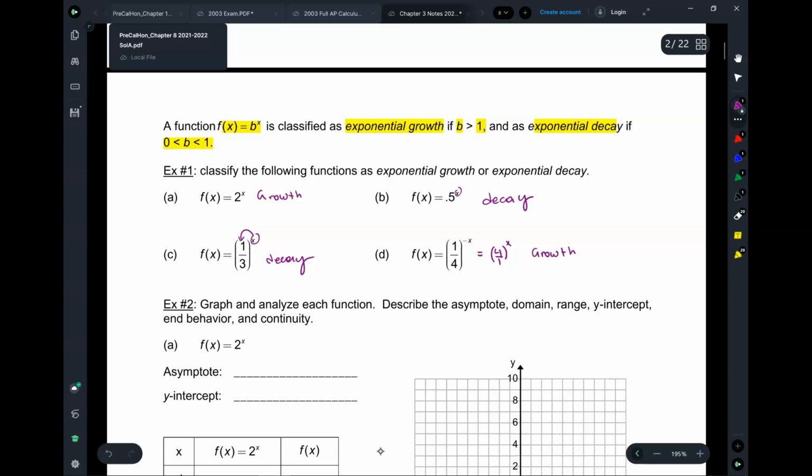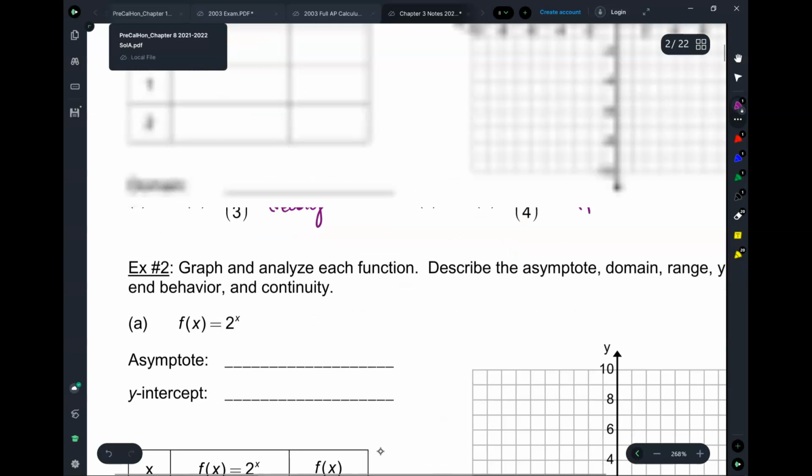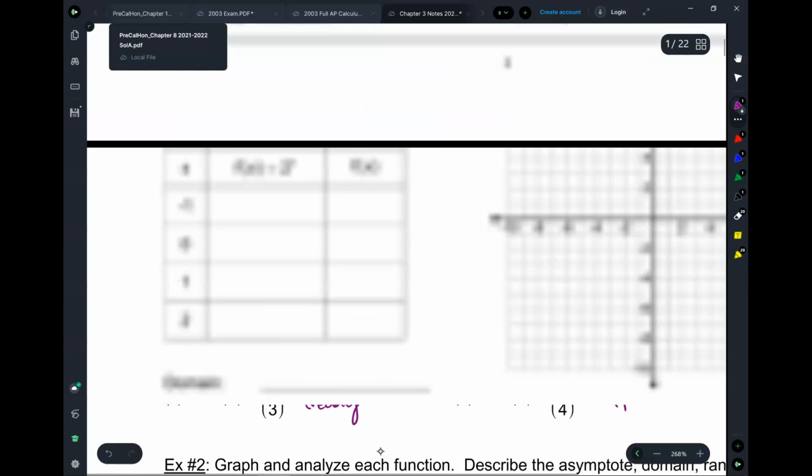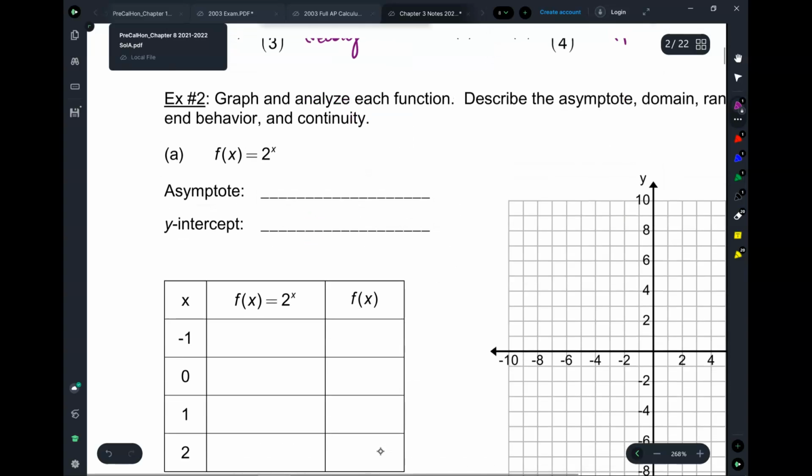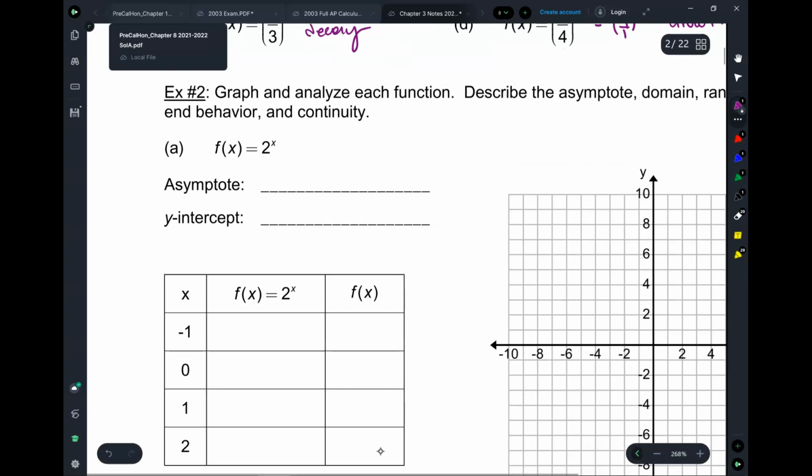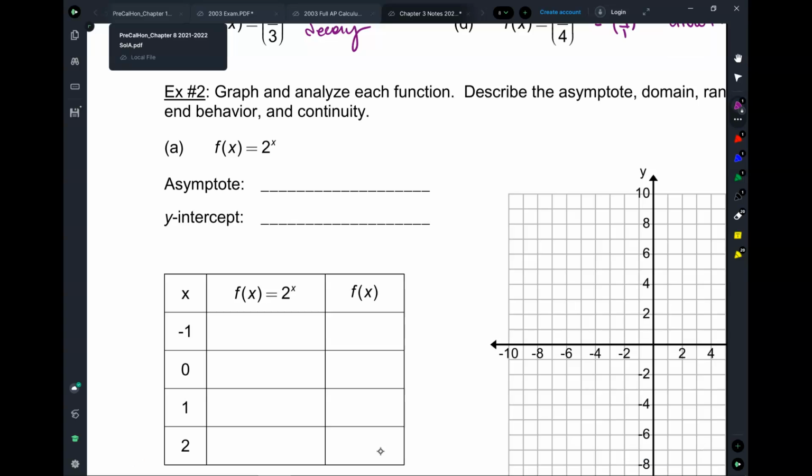All right. We're going to start graphing functions now. Let's graph this first one. We're going to graph basic 2 to the x. We have to figure out the asymptote and y-intercept first. For the asymptote, there isn't much to figure out. The default, which this one qualifies, is y equals 0.